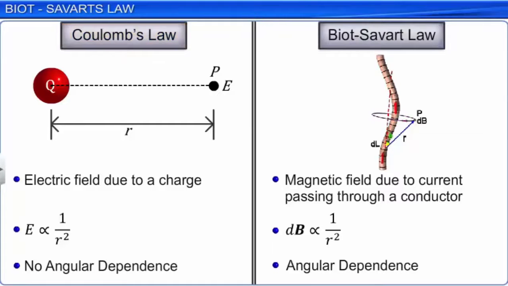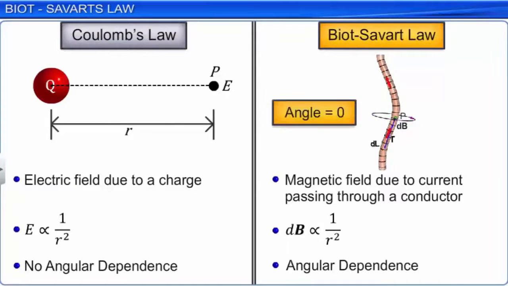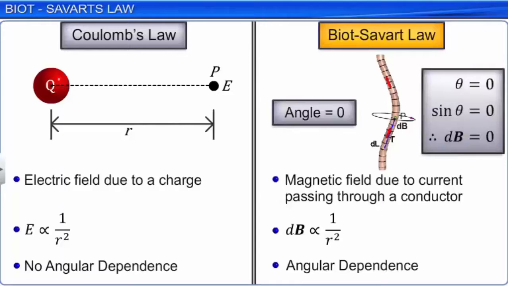However, if point P is in the direction of the length of the conductor, the angle between the current and the line joining the point is 0, and hence the magnetic induction dB for such a point due to the current-carrying conductor is 0. The superposition principle is applicable in both cases.